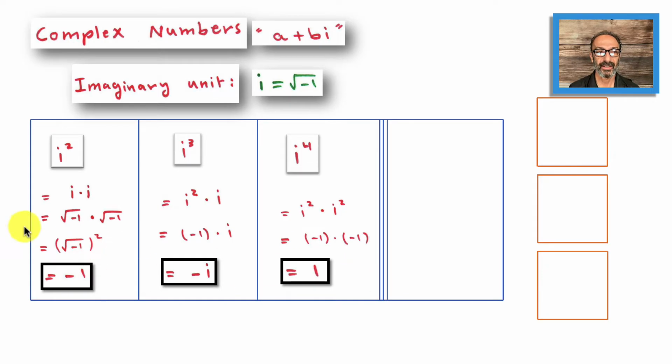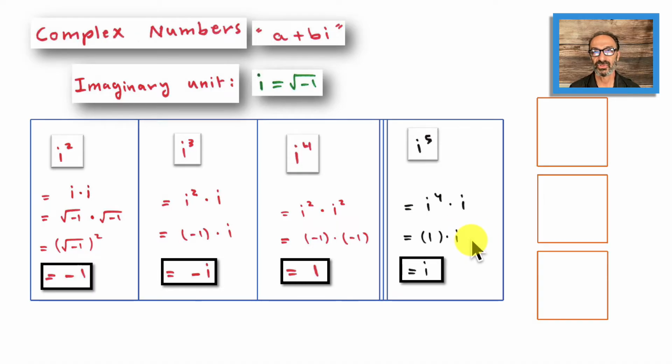So we have i², i³, i⁴, but if you go to i⁵, you're going to start all over, meaning it's i⁴ times i, and i⁴ is 1. So it's going to be 1 times i, which is i. So it goes back to the start.